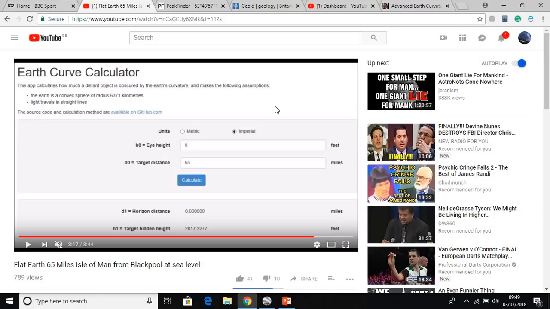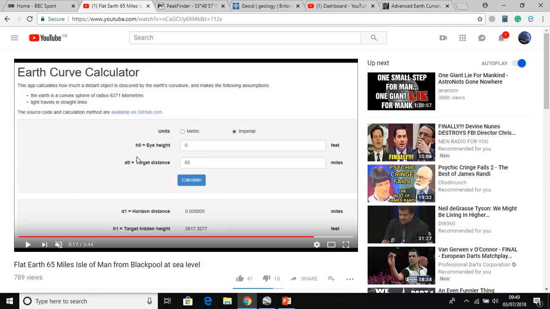It may be that larger discrepancies are possible. But on this occasion, I think it's reasonable to say that we're still looking to find several hundred feet of missing curvature, and we need an explanation for that.